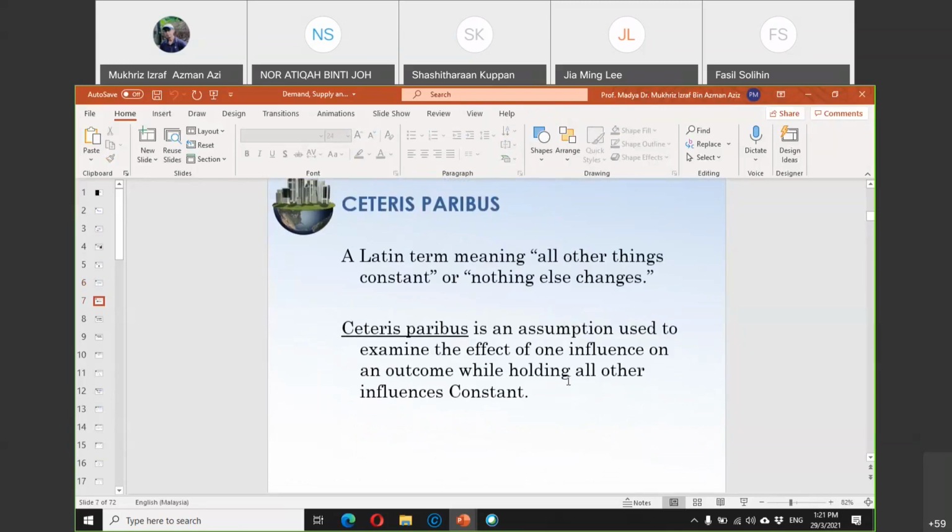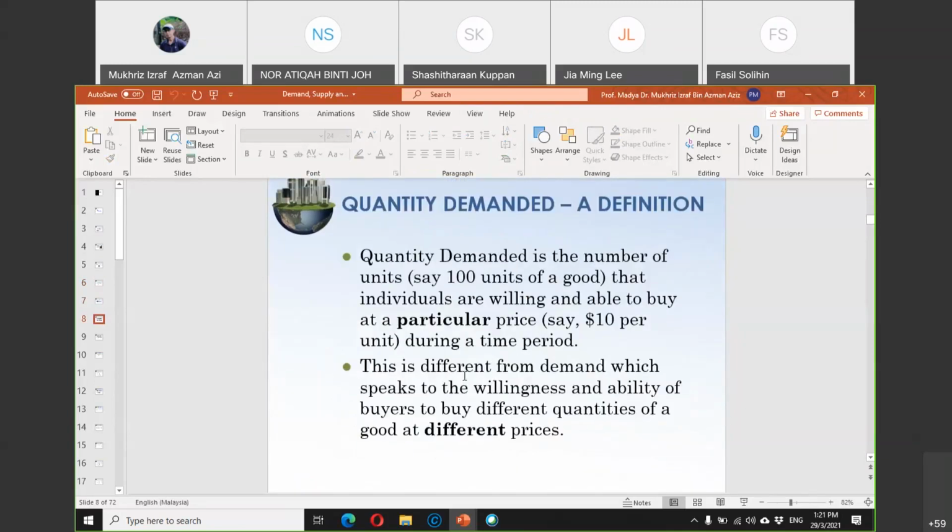And then you have this concept of ceteris paribus.